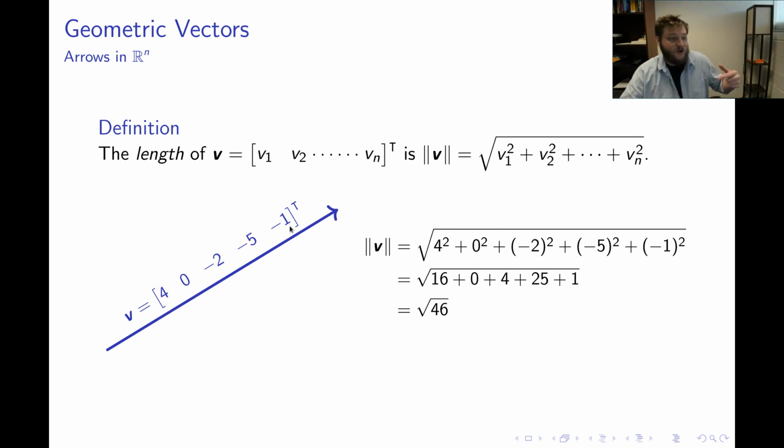So this is a vector in R^5. There are 5 coordinates. How do I calculate the length of this vector? Well, remember my notation is this double bar notation. And what I'm supposed to do is just sum the squares of all of those coordinates and then take a square root. In this case, we're calculating the square root of 46 as the length.